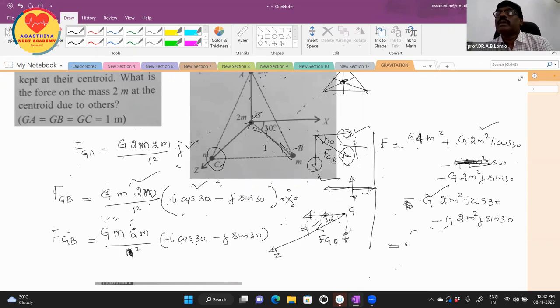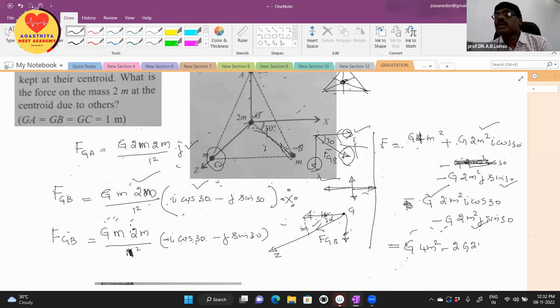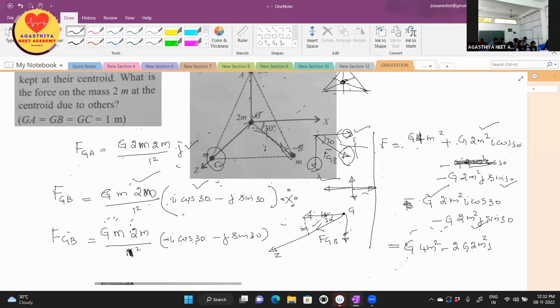Therefore, next one: G 4m squared minus. This is 2 times, no? Students, 2 times. So 2 G 2m squared j sin 30. Sin 30 is half, or 1 by 2.